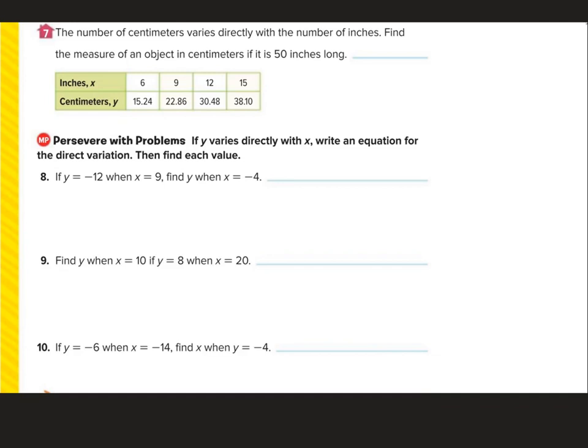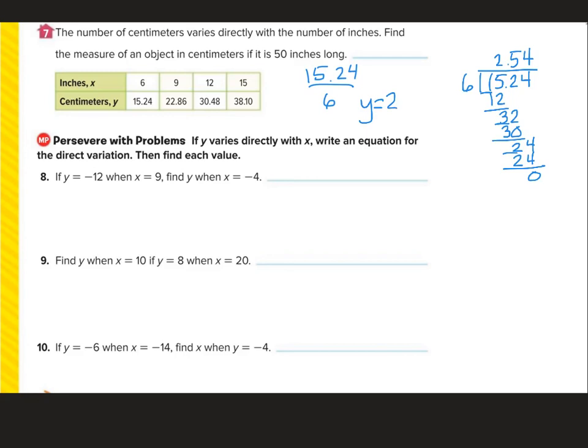Let's first find the direct variation of y to x. So let's take 15.24 over 6. So my direct variation is y equals 2.54x.